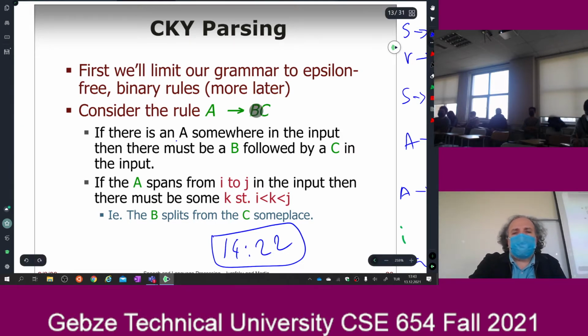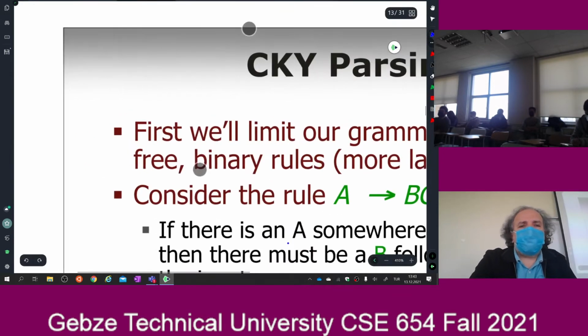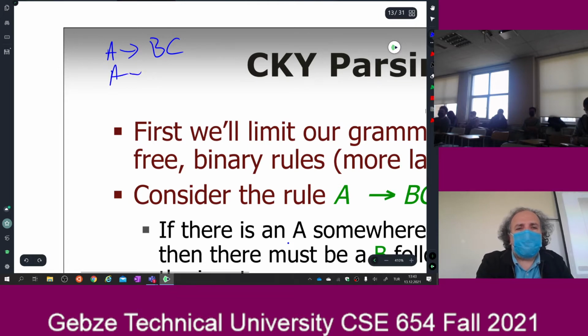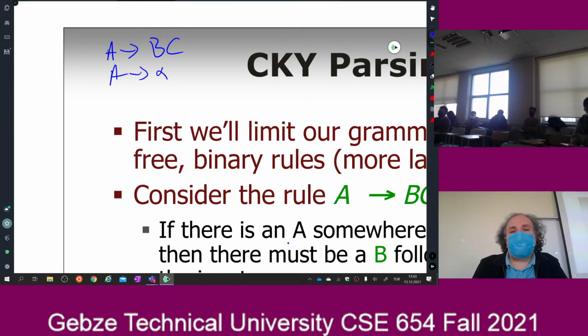All the rules have to be that way. If you have a grammar, the rules have to be either A to B C, where all of them are non-terminals, or A to alpha, where alpha is a terminal. No other type of rules are accepted.